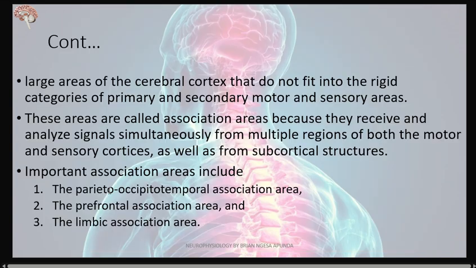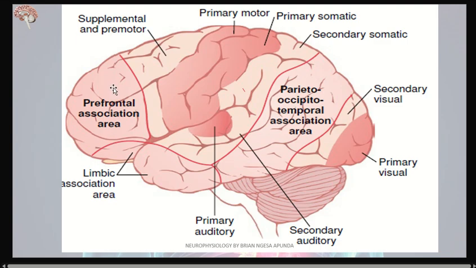So when you talk of the intellectual part, mostly we are respecting the prefrontal association area, and of course some area within the hippocampus. The hippocampus normally plays a major role, because you cannot just talk of intelligence and ignore the memory aspect.